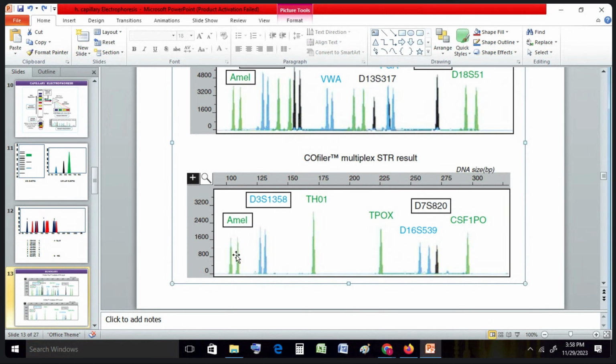These two are heterozygous, this one is also heterozygous, this one is homozygous, homozygous, heterozygous, homozygous, and homozygous. So height is not that important. You must have a clear result in terms of the number of peaks for every locus. If it is 2, the locus is heterozygous. If it is 1, the locus is homozygous.